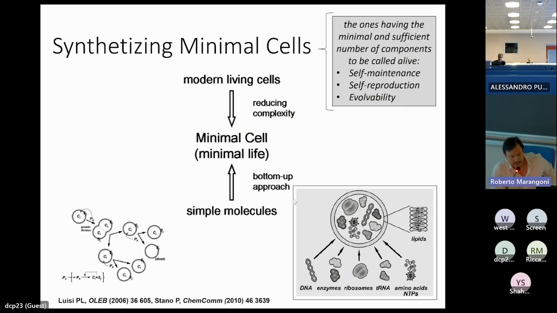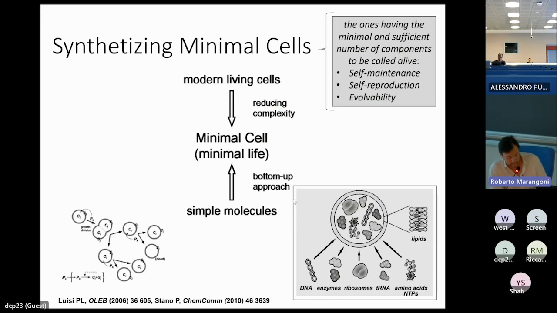Of course, you can try to reach this goal starting from the top, so starting from modern living cells and simplifying them. This is practically the Venter approach, minimizing, for instance, the genome. Or starting from the bottom, so starting from simple molecules and assembling them inside compartments, using both synthetic and natural molecules extracted from living beings.